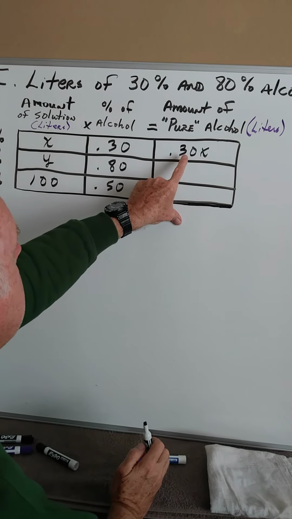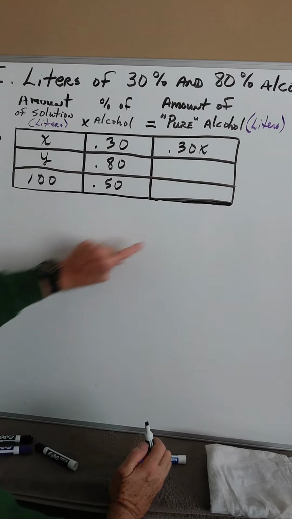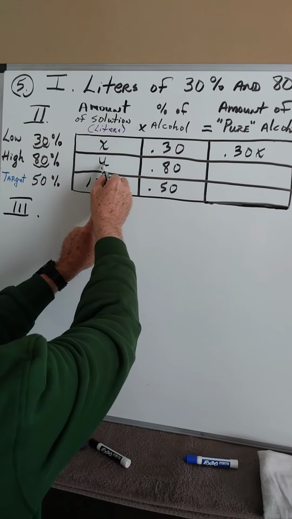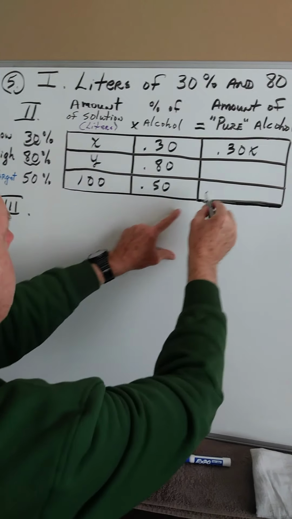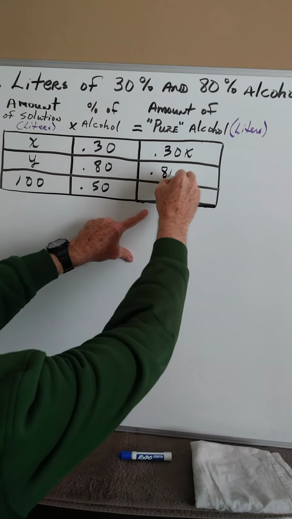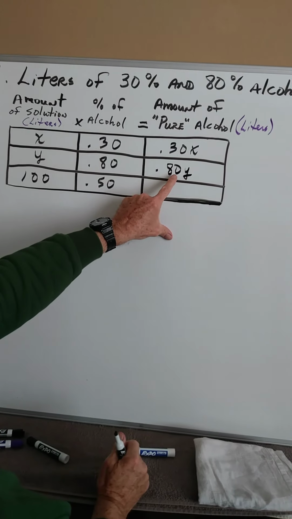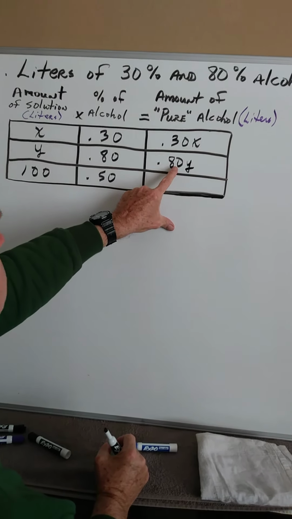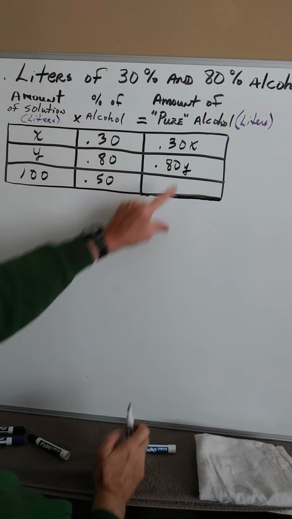Liters of nothing but pure alcohol. We come to the other container. If we multiply y times 0.80, we'll get 0.80y. That represents more liters of nothing but pure alcohol.